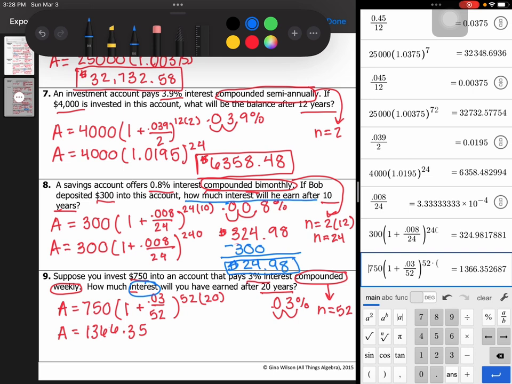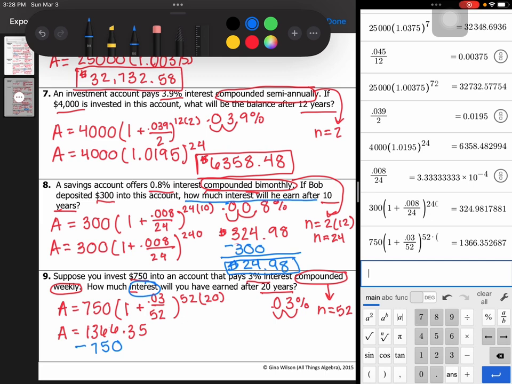So if we're just looking at interest, we subtract $750 from this. So 1366.35 minus 750 would give us $616.35 of interest. So always make sure to look at the question and to see if it's asking you for the total or something about the total.